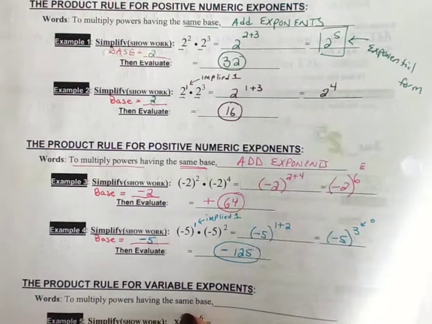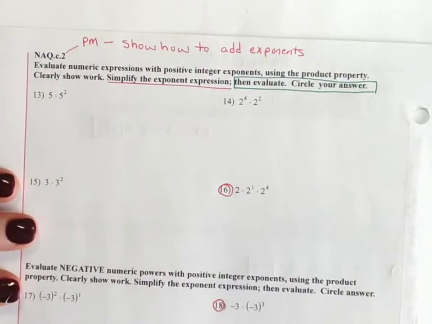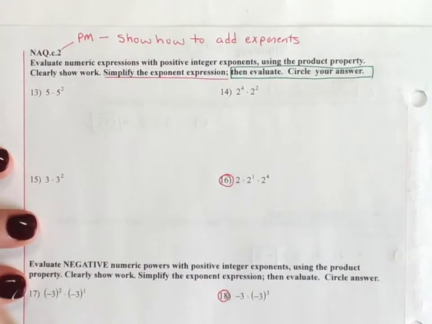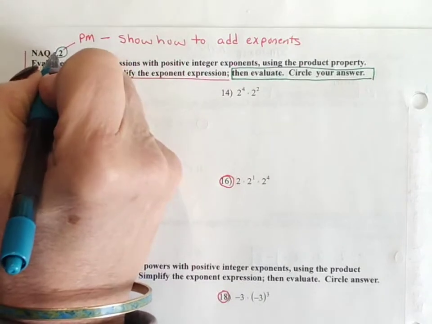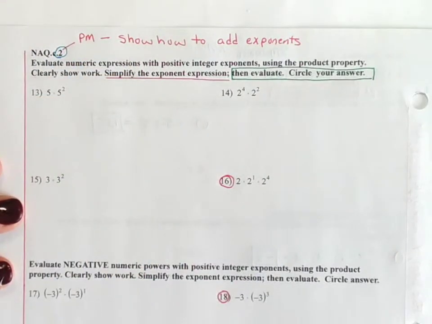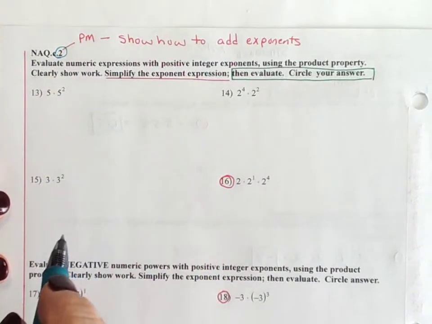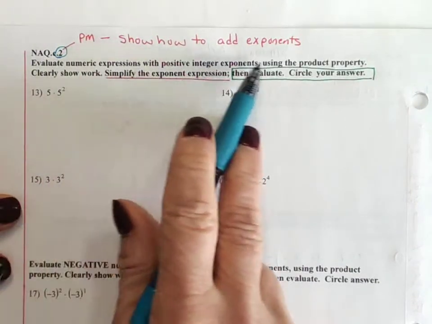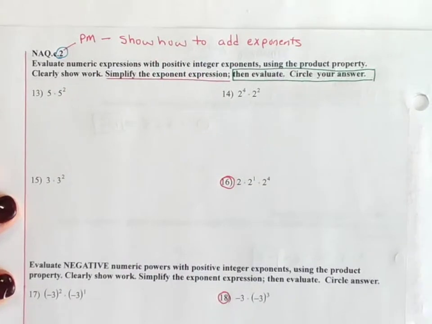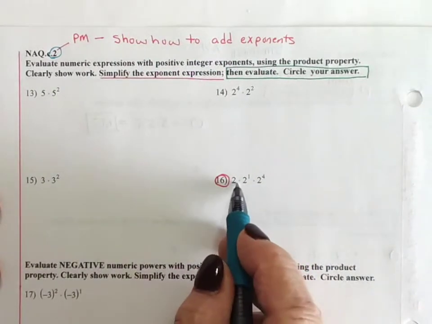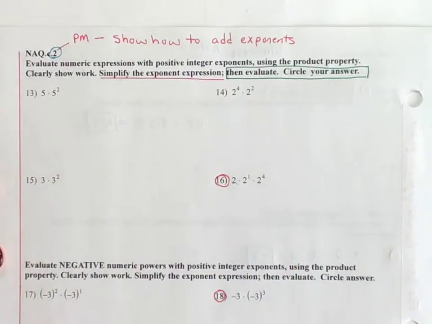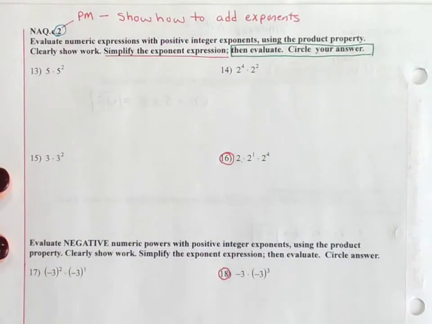So now we're going to go back to the worksheet. The second criteria or objective for partially meets, the work you have to show is how you add your exponents. So we're going to do numbers 16 and 18.